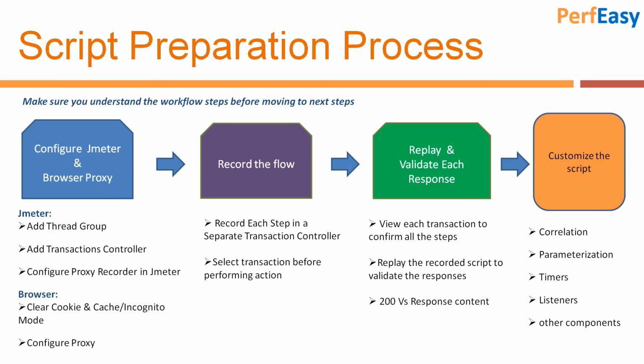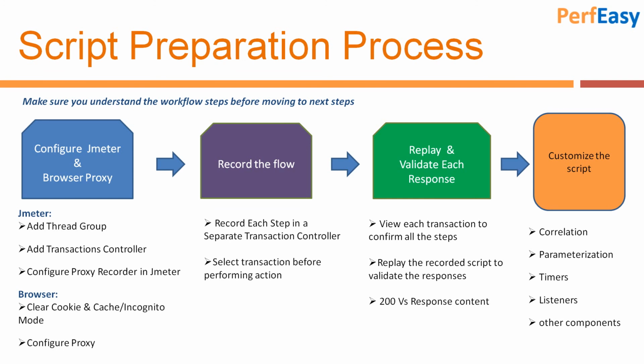We will talk about these concepts in some future sessions. Then listeners: while debugging the script, we make sure that we see the screenshots or the response content properly and that the correct responses are coming.